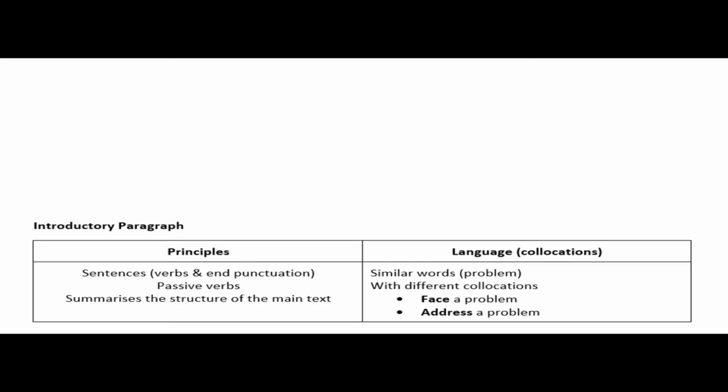In this case, it's problem and then solution. And this will be a problem-solution genre. And with language, we've seen collocations, that similar words, or the same word, problem, we can use different verbs together with them. Face a problem, address a problem.